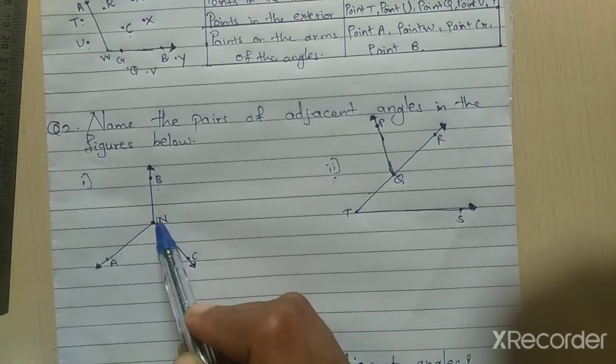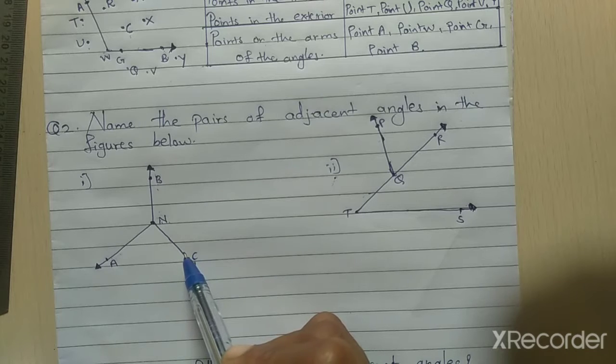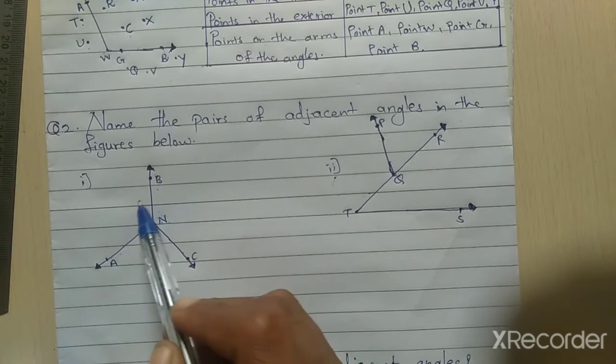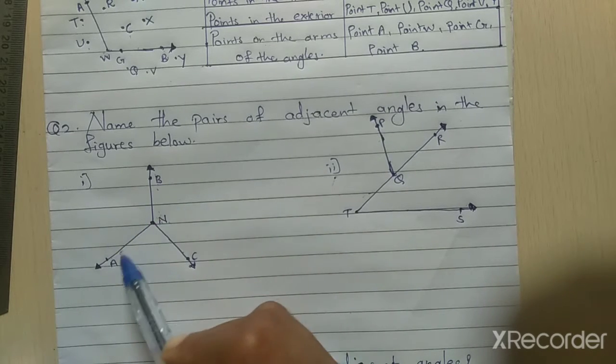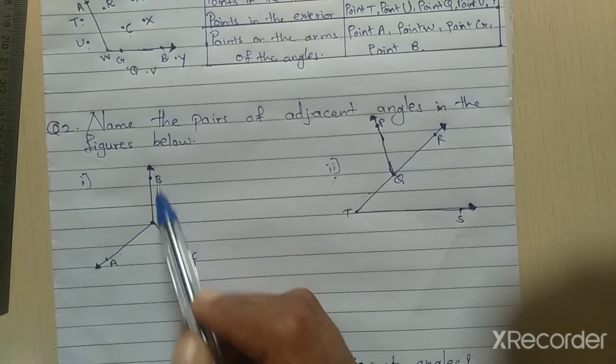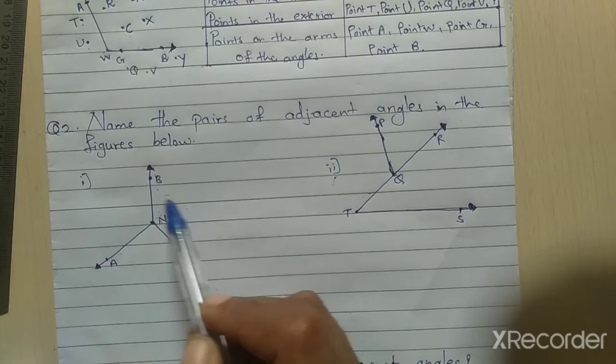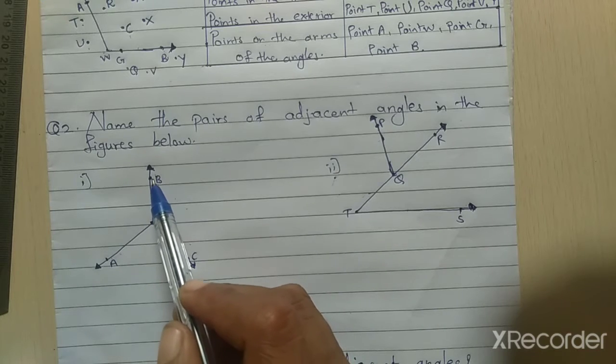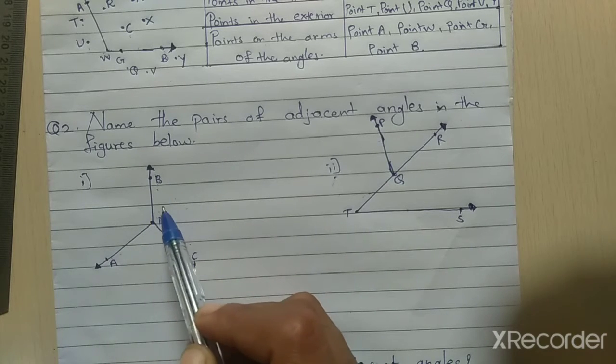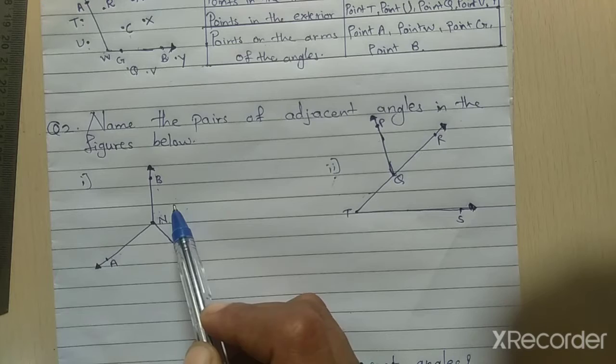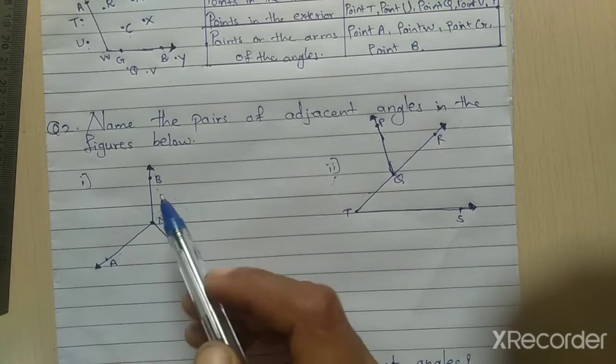BNA and BNC. This pair forms. Two separate interiors: BNA has this interior and BNC has this interior. One common arm and two separate interiors here. So this is an adjacent angle pair.